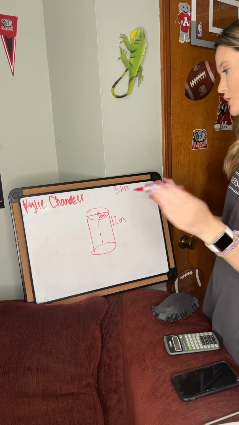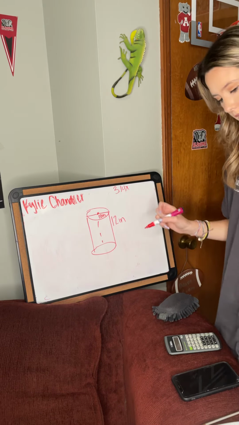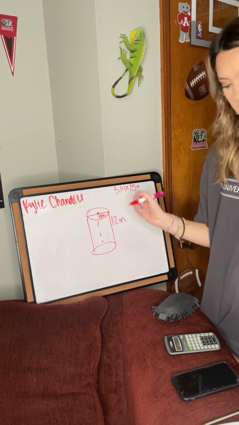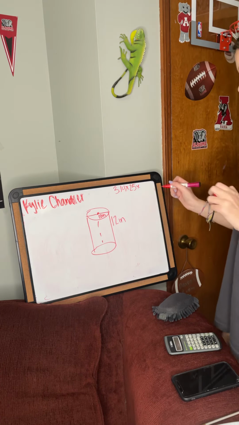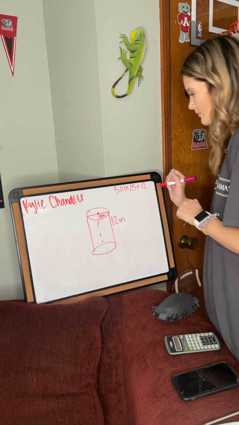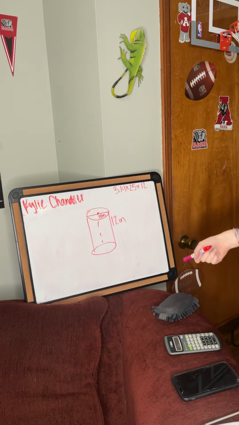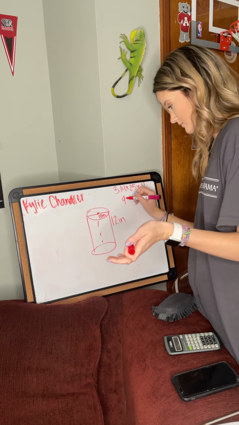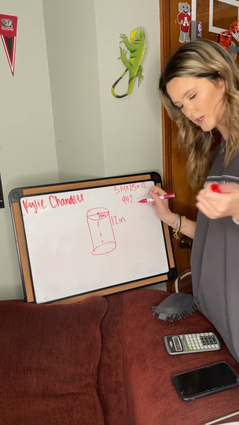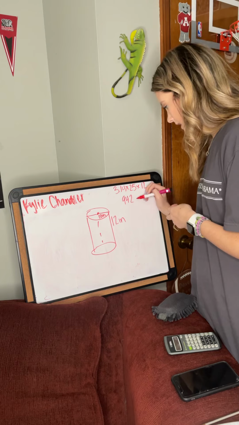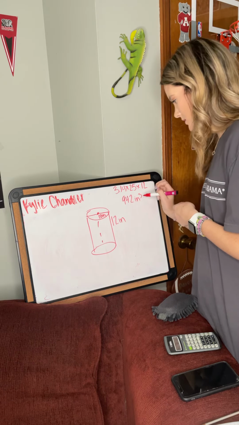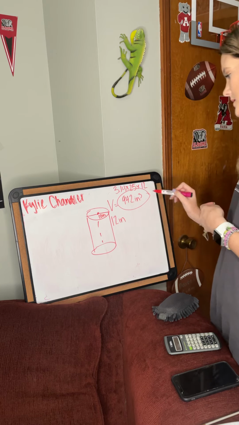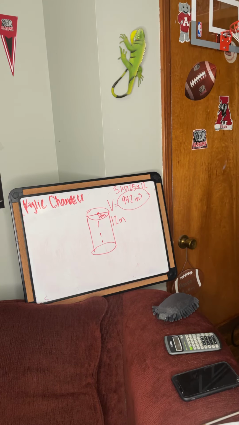So 3.14 times 25, and then times the height, which is 12. 3.14 times 25 times 12 is going to be, it actually came out even, 942 cubic inches. So the volume of this circular cylinder is 942 cubic inches.